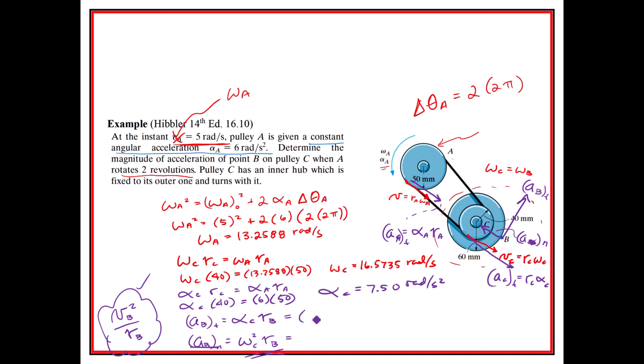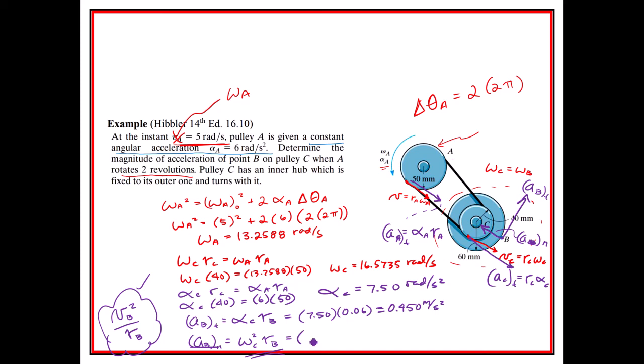So we take our 7.5 and multiply it by, I guess we should use meters. So it's 60 millimeters, so it's 0.06 meters is the radius of the thing. And we end up with 0.450 meters per second squared.